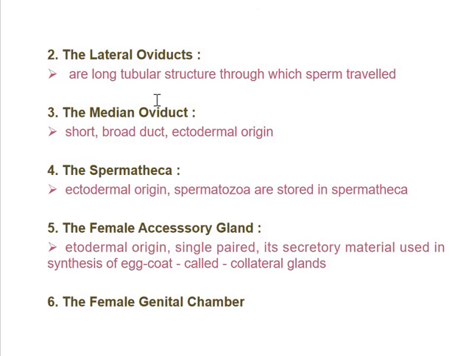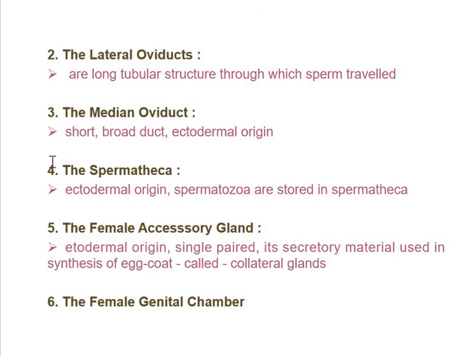Now, the lateral oviducts from both sides of the ovaries unite to form a short common oviduct, also called the median oviduct.